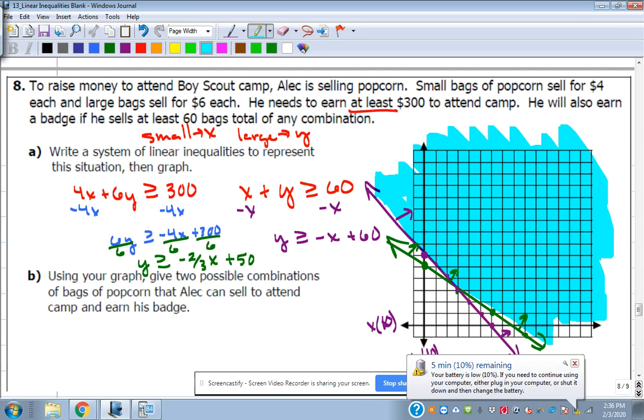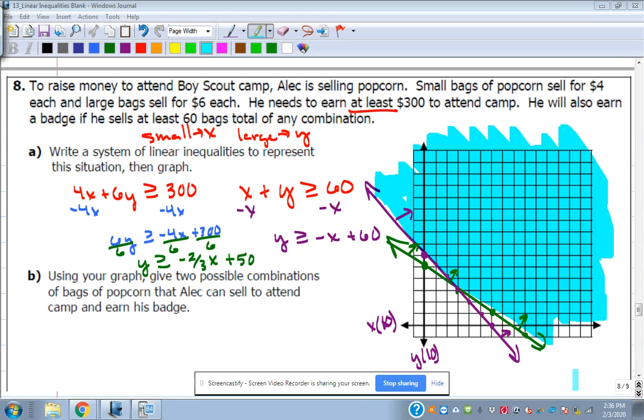Give me an ordered pair. Say that again. 8, 1. So 8, 1. So right that point right there. So that'd be on our x, that'd be 80 small bags and 10 large.